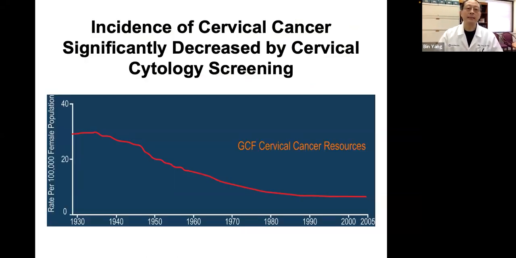This picture really shows the important role of cervical cytology. Cervical cytology was used for clinical testing starting at Harvard MGH, the Massachusetts General Hospital, in the 1950s. Gradually the US and Europe started using cervical cytology, and HPV testing started being used in 2005.